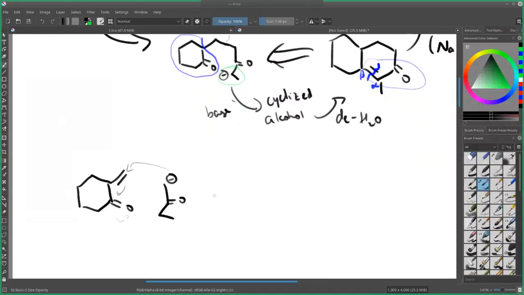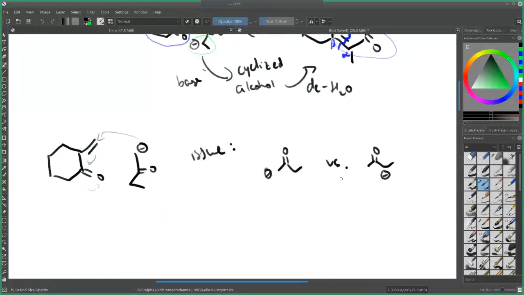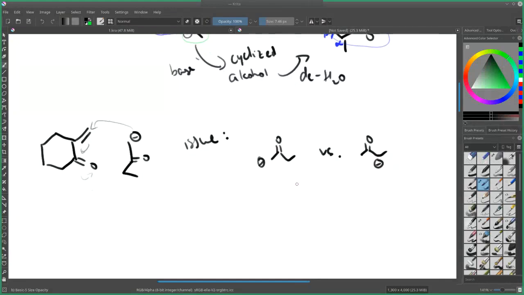The issue here is whether you would get this enolate versus the other one, that enolate. And sometimes you're able to control which of the two enolates you'll wind up getting, but in this case, there's not much. These will probably form in fairly similar quantities.